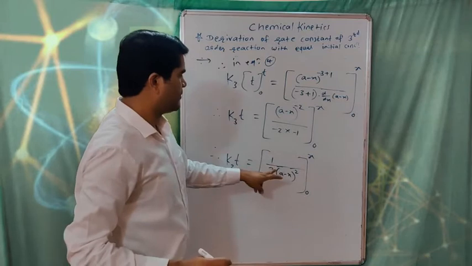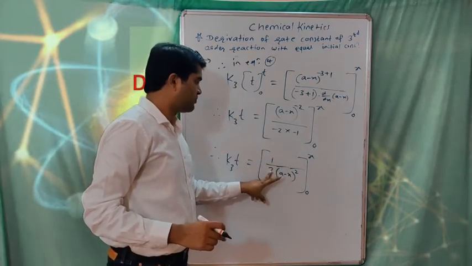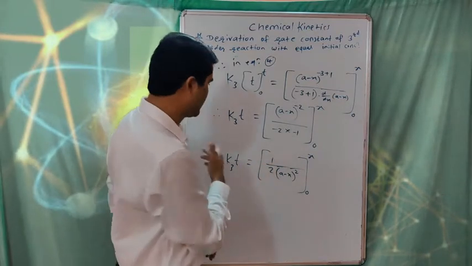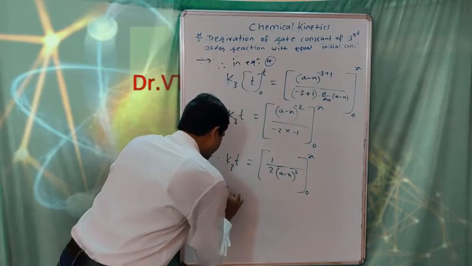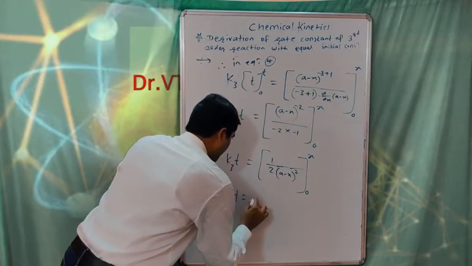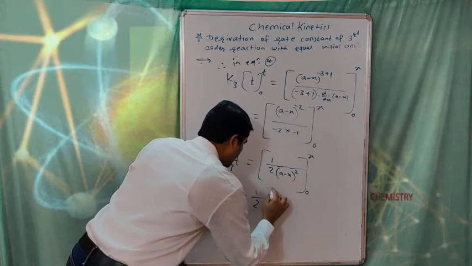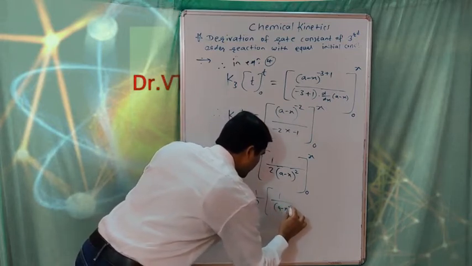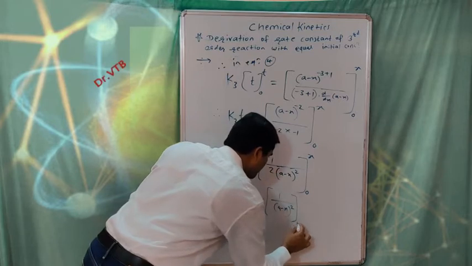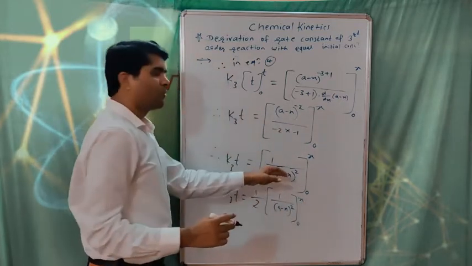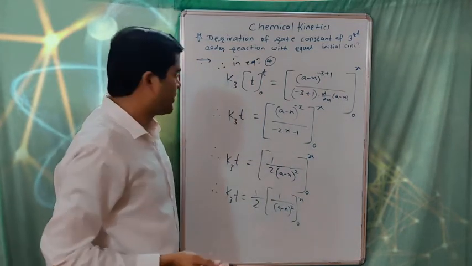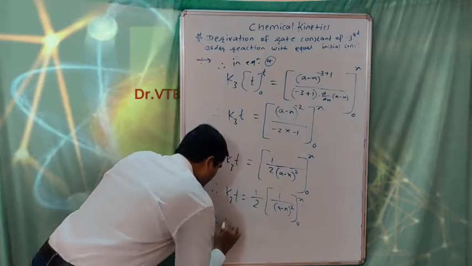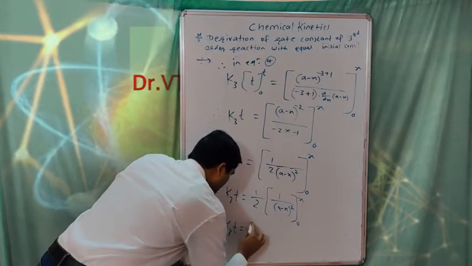Now again for simplification, here 1 by 2 is a constant term. You can take it out. Therefore k3 t is equal to 1 upon 2, and what will be left? 1 upon (a minus x) bracket square from 0 to x. Now we will apply upper limit minus lower limit. Therefore k3 t is equal to 1 upon 2.